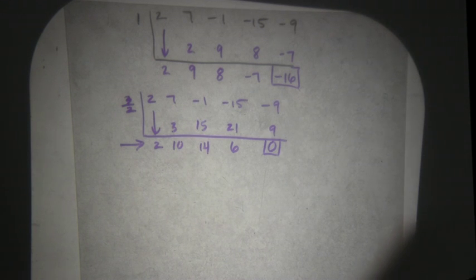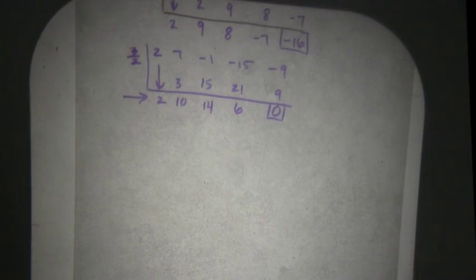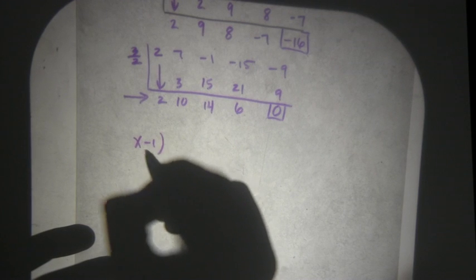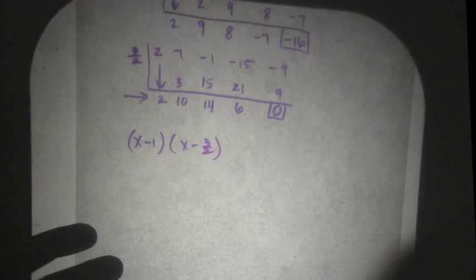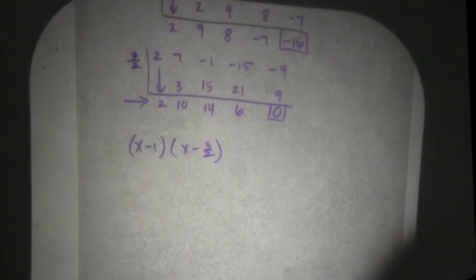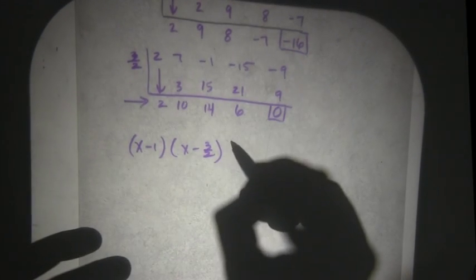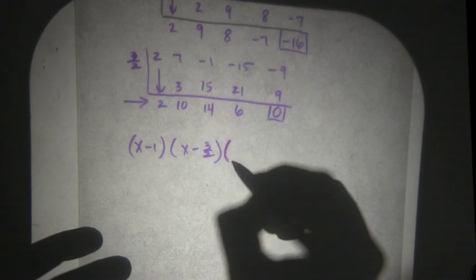So now, let's recap what we have so far. Earlier we had that x minus 1 was a factor. Now we have that x minus 3/2 is also a factor from this zero that we just found. And what is left? Remember, one degree less.